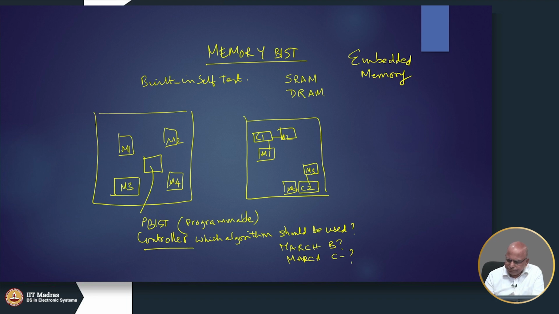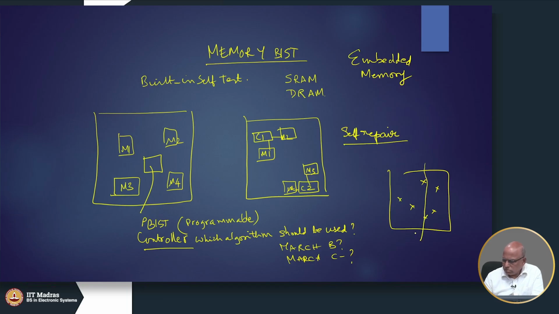And self repair is also included, meaning memories come with extra rows and columns, and when faults are found on certain rows, okay, you can decide that this whole column can be eliminated and an extra column can be used in its place.